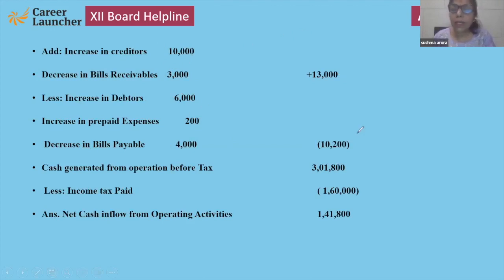DCA should be added, decrease in current asset and increase in current liabilities. Okay, DCA, that is increase. So what we have to do, these two should be added and these three should be subtracted, because this is ICA and DCA. So when we deduct that, we can come to know cash generated and tax paid to be minus. So then we can come to know the final flow from operating activity.